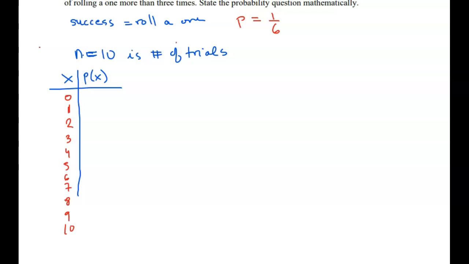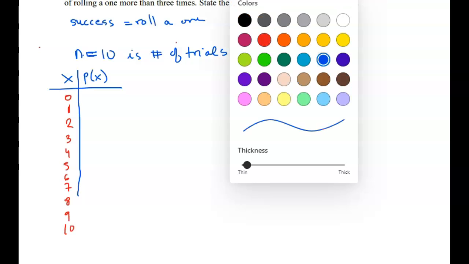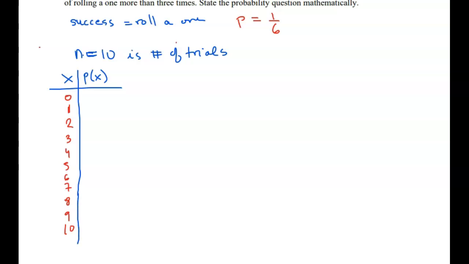So basically, our variable of interest here, the x, is how many 1s I roll in 10 trials. So it can take any value from 0 to 10. None of them could be a 1, all the way to all of the 10 could be a 1.